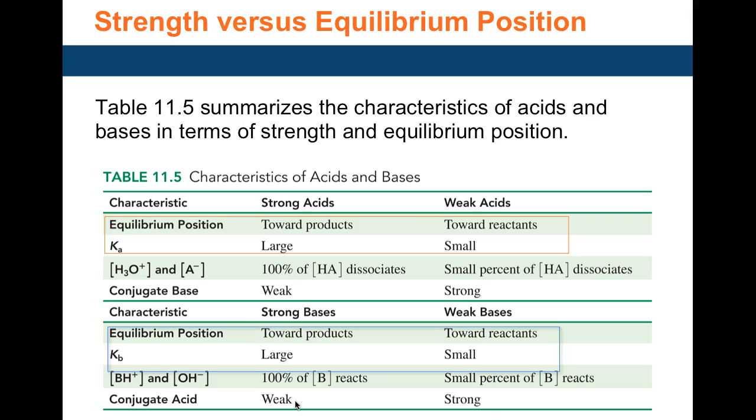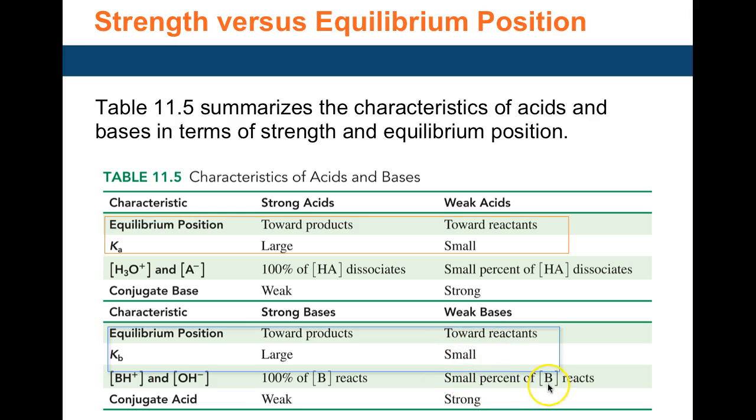So if you have something like ammonia, if you compare ammonia and water, ammonia is definitely stronger, but the ammonium ion is quite a weak acid. So its conjugate acid is weak. For a weak base, its equilibrium position will be directed towards the reactants.